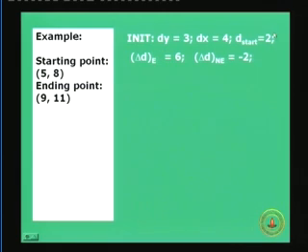You see all integer values here. You need to have the initialized conditions for delta d east and delta d northeast. What is the expression for delta d east? It is 2 dy, if you remember that, correct. So, 2 dy is 3 multiplied by 2, which is 6. And what is the value of delta d northeast?